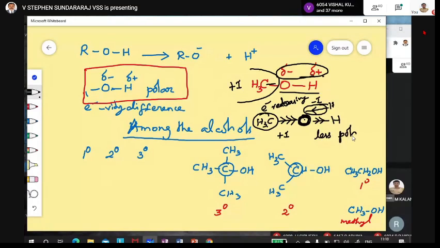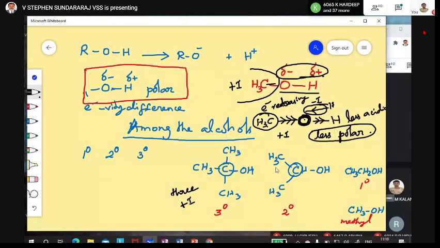Less polar. Tell me, here how many plus I effects are there? Three. One plus I effect itself makes it less polar. Less polar means less acidic. So one methyl group itself makes it less acidic, and here there are three plus I effects. Here there are two plus I effects, here one plus I effect, and here no plus I effect.